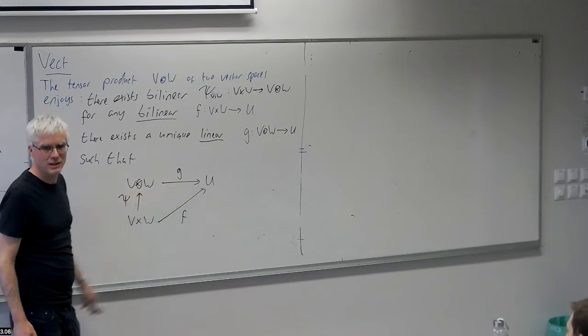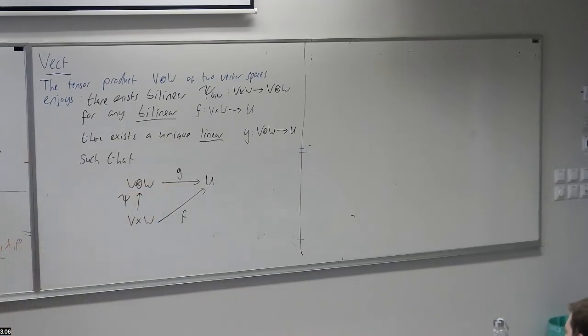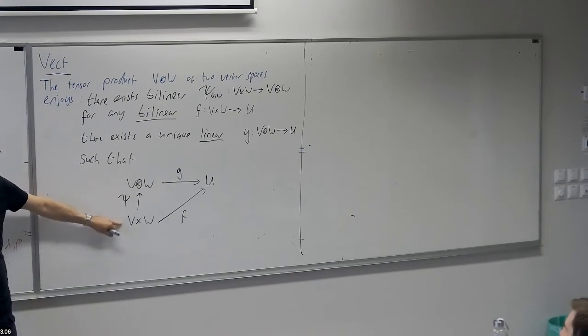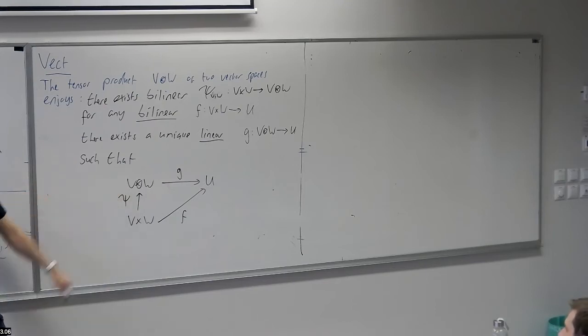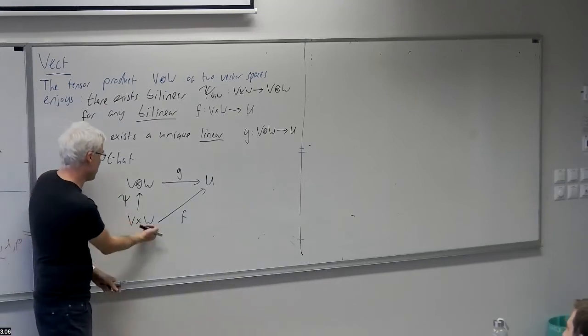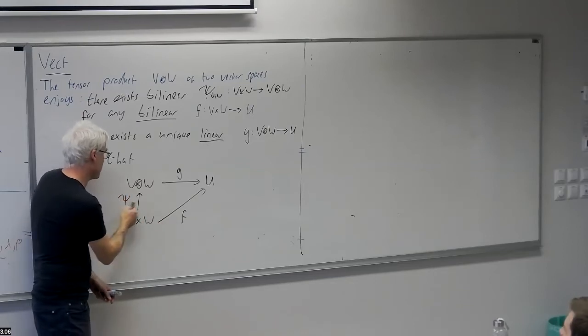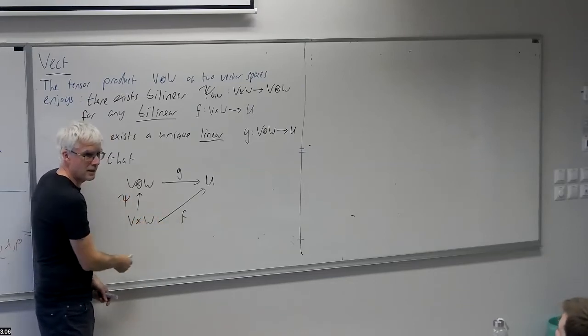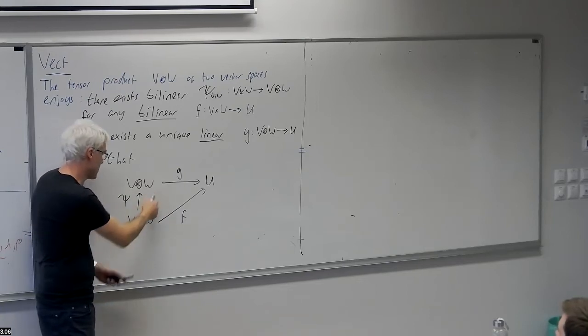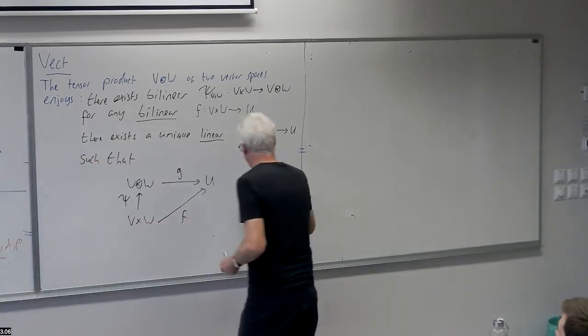Can anyone see why? The point is that a bilinear map is a function. It's not a linear function. We do have a product space, but a bilinear function is not linear, so psi and F are not maps in the category of vector spaces. So this is a diagram in the category of sets.